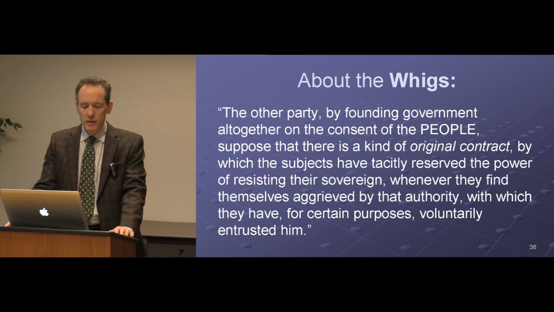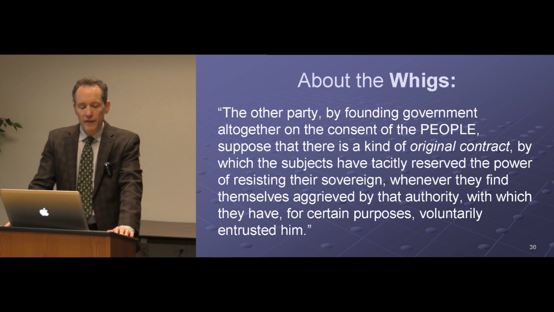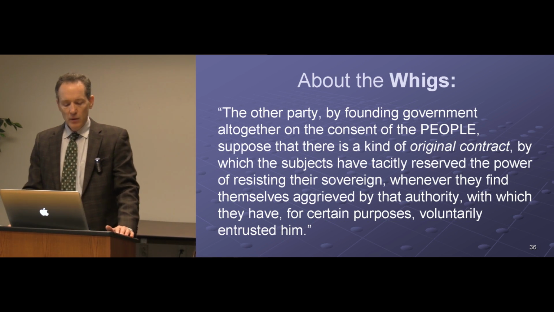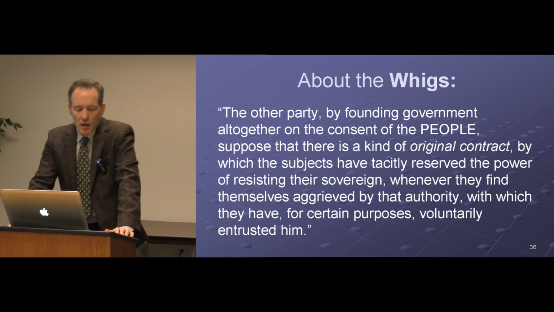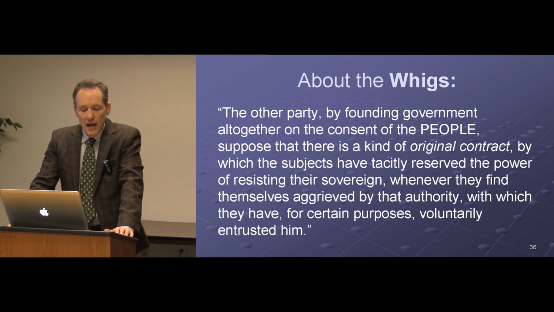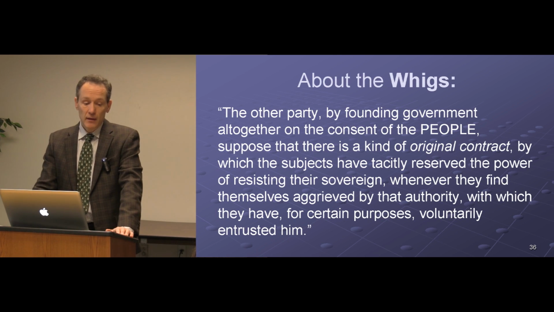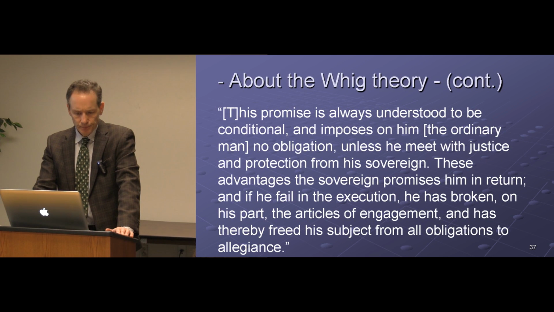And about the Whigs, he says, "The other party, by founding government altogether on the consent of the people, suppose that there is a kind of original contract by which the subjects have tacitly reserved the power of resisting their sovereign whenever they find themselves aggrieved by that authority, with which they have, for certain purposes, voluntarily entrusted him."